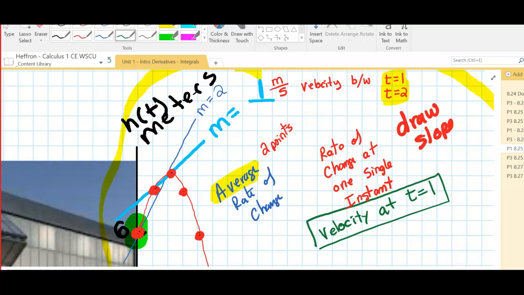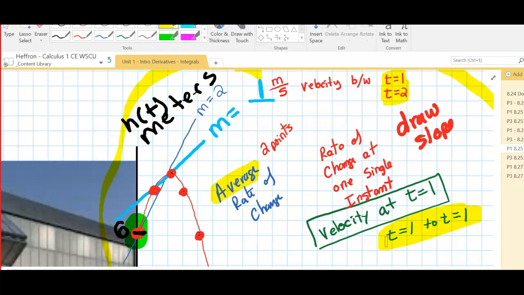What would our interval be if we were looking at it right at 1? Wouldn't we be looking from t equals 1 to t equals 1, if we wanted one particular instant? Does that make sense to you guys?